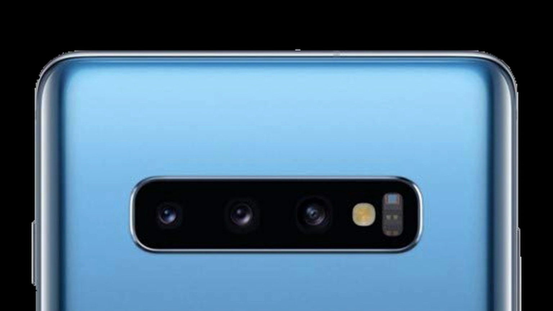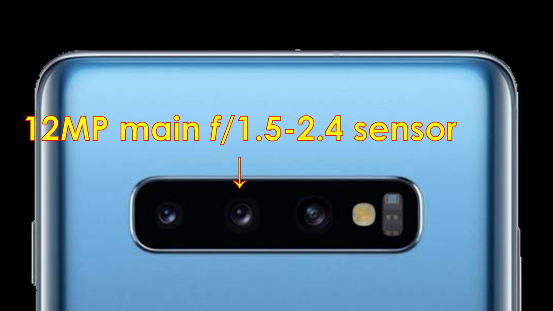Let's get into it. Both the S10 Plus and S25 Plus have 3 cameras, though the S10 Plus has its cameras horizontally aligned and the S25's cameras are vertically aligned. The S10 has a 12 megapixel main sensor with a variable aperture, so it can go between an f1.5 aperture or an f2.4 aperture.